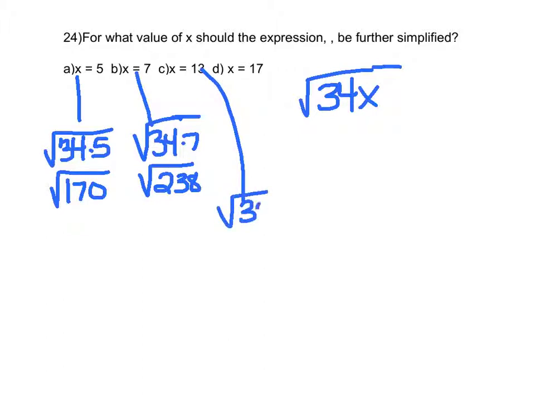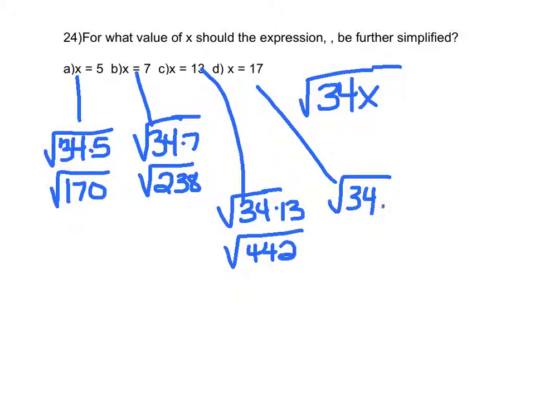square root of 34 times 13, and that's going to give us square root of 442, and then we have the square root of 34 times 17. That's going to give us the square root of 578. So take a look at your perfect square list.